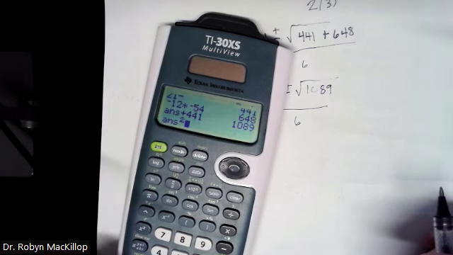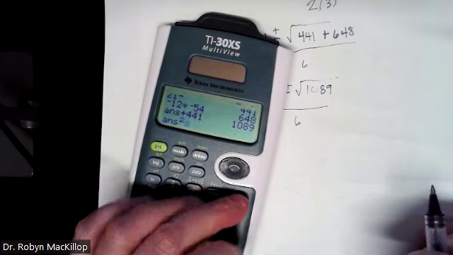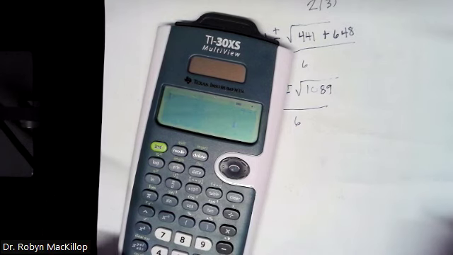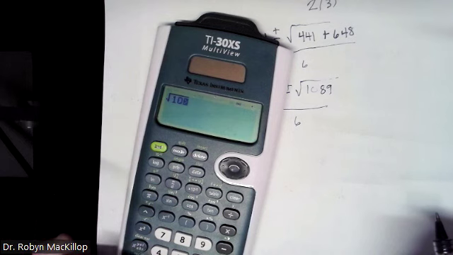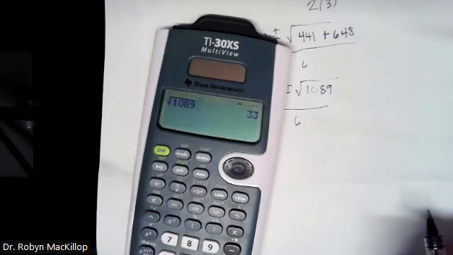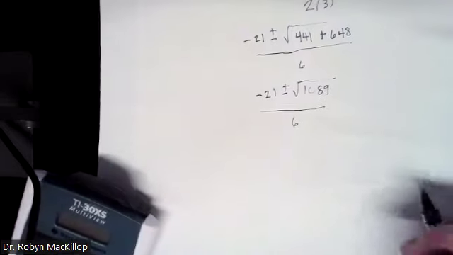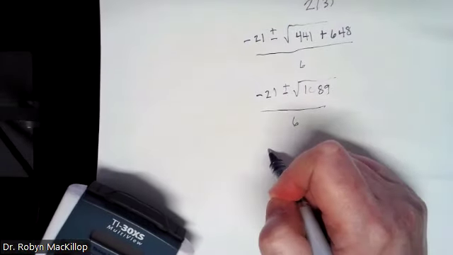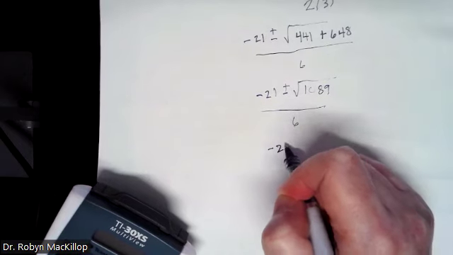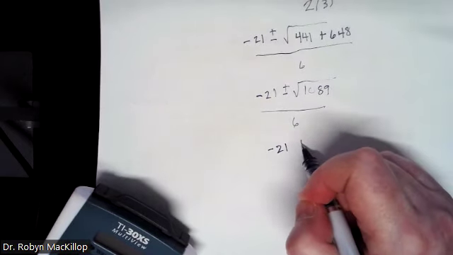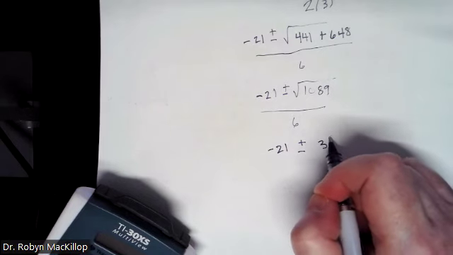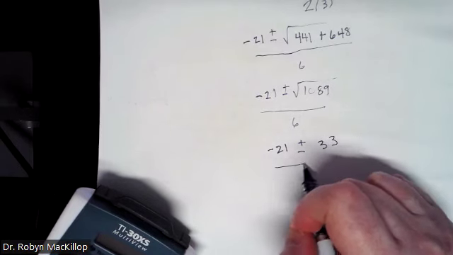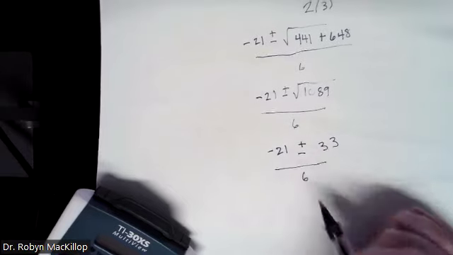So square root, nope, clear that. Green button, square root 1089. Square root of 1089 is 33. So we've got negative 21 plus or minus 33, that square root is now gone, over 6.